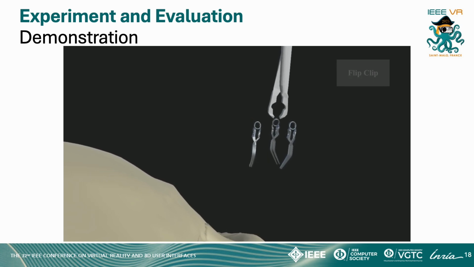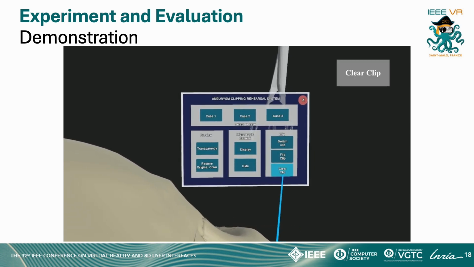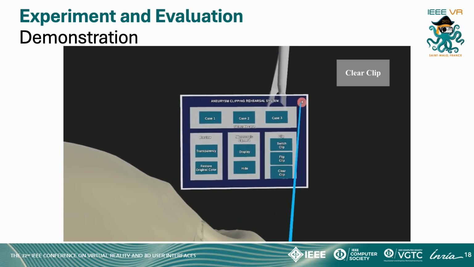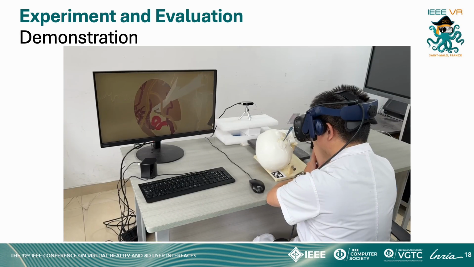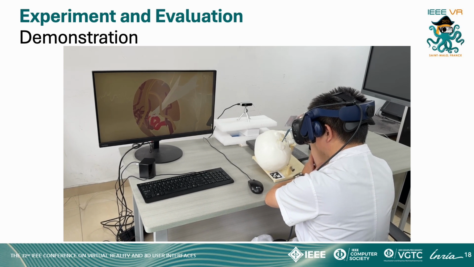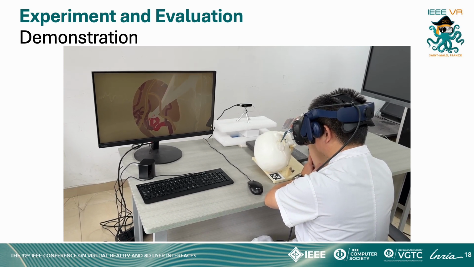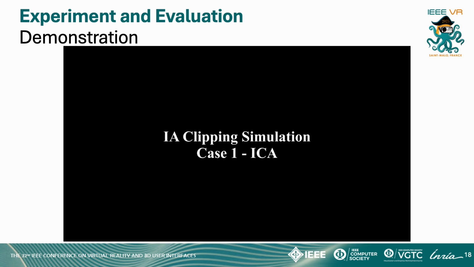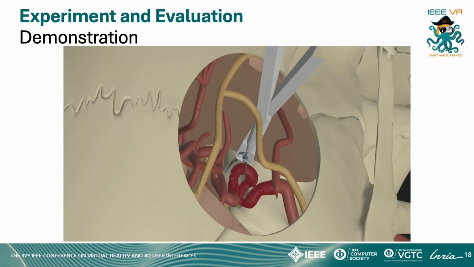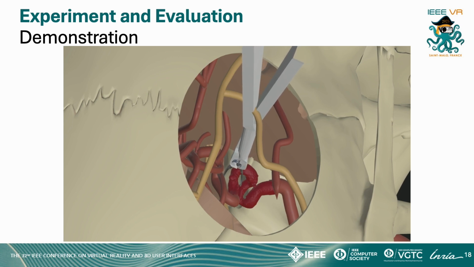Additionally, we have set up a one-click option to remove incorrectly placed clips. Next, we showcase a neurosurgeon using our system to perform the clipping procedure. Finally, we demonstrate the aneurysm deformation simulation in a clipping task under the microscope.